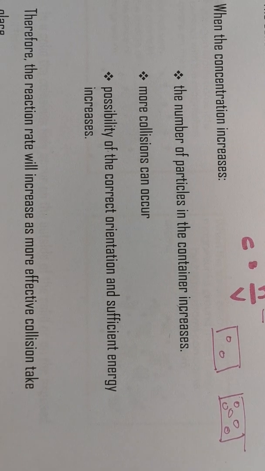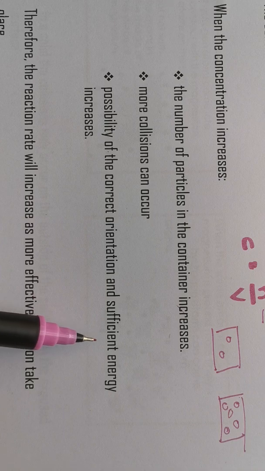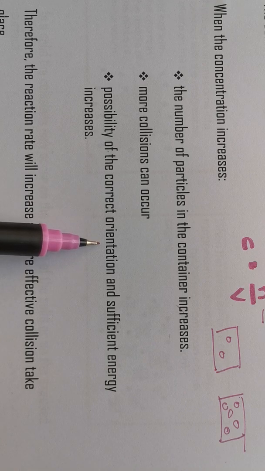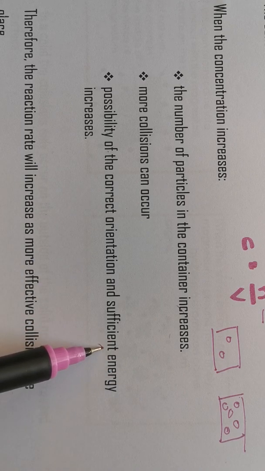And then what also increases, just because of the fact that we are upping our odds, is that there's a possibility of correct orientation, all right, with sufficient energy. That also increases. So because you've simply got more participants in the pool, so to speak, there is a greater chance of a correct orientation collision as well as a collision with sufficient energy.